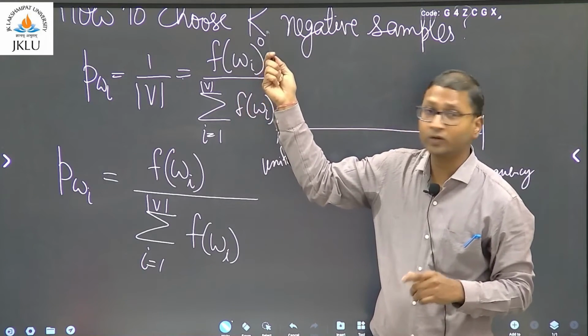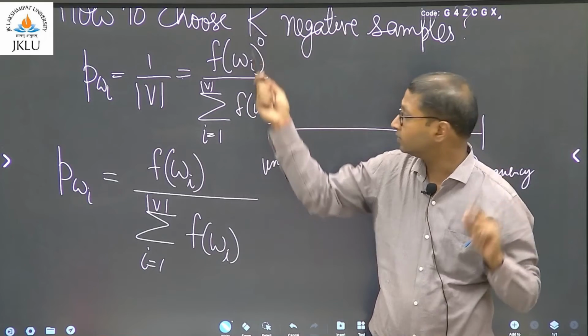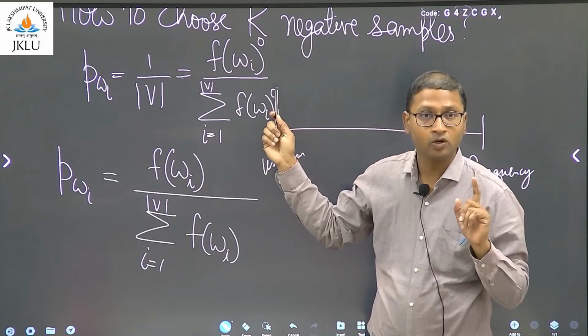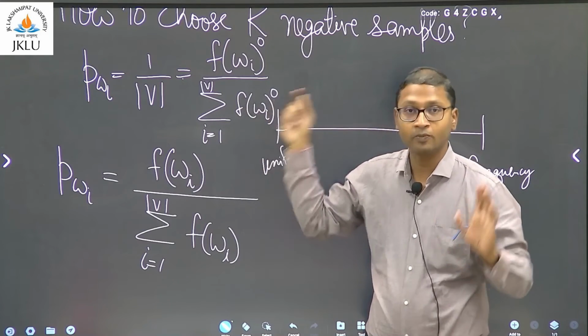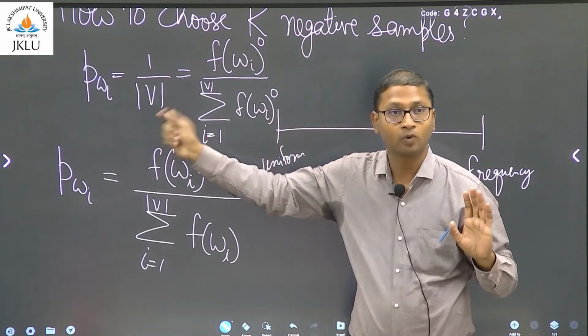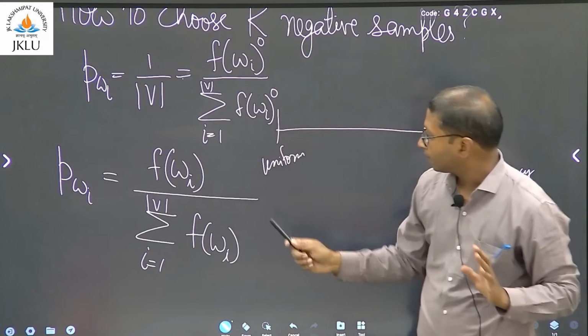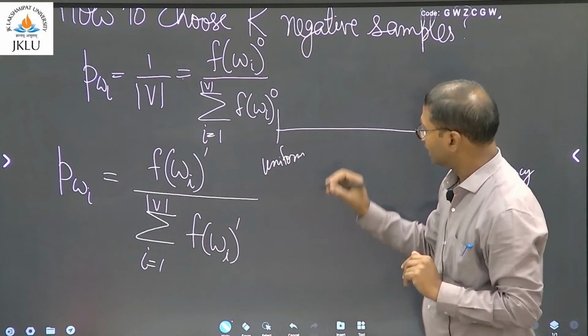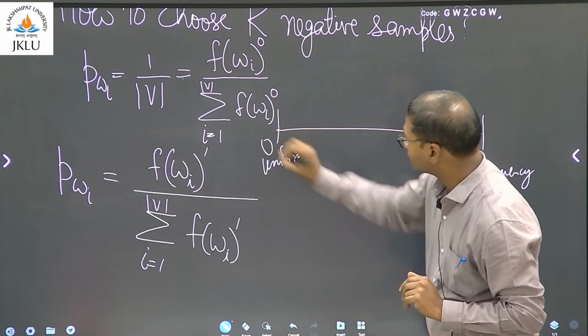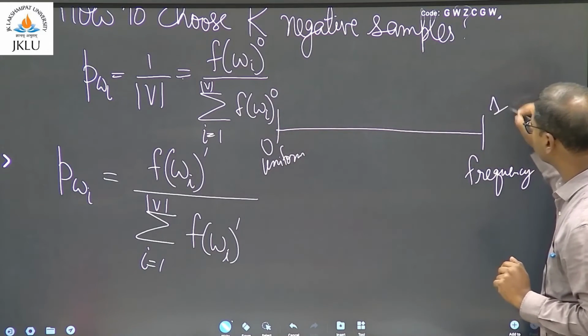What is f of wi to the power 0? 1. It is 1 for every i. And if you take the sum over it, that gives you mod v. Okay, in this case it is 1. They say in uniform you have this power 0, in frequency you have this power 1.